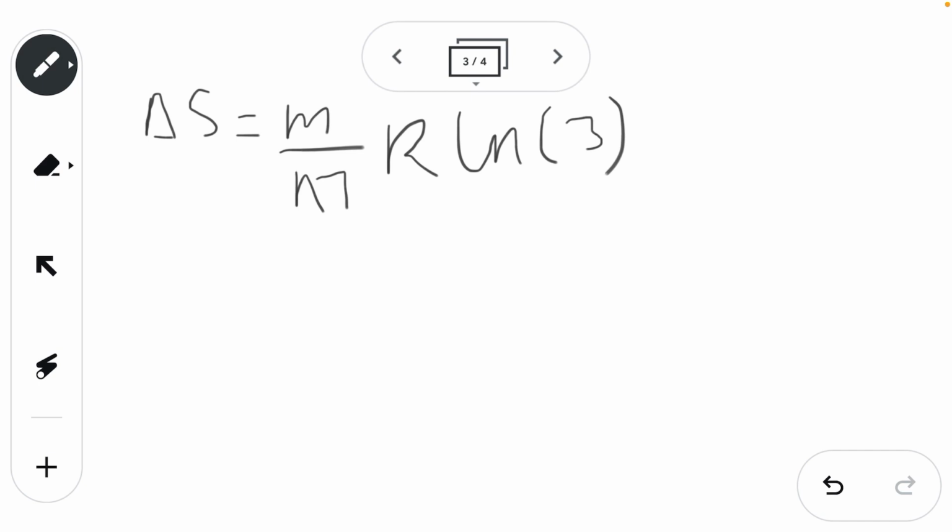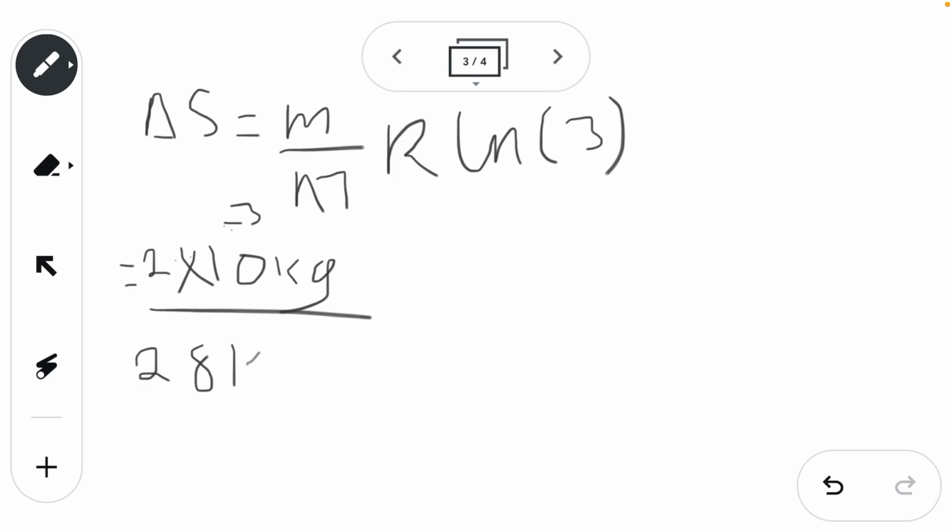Right, so these values are given. The mass is given as 2 grams, which when expressed in kilograms is 2 times 10 to the minus 3. So we are going to have 2 times 10 to the minus 3 kg over 28 kg per kilomole, multiplied by the gas constant also.